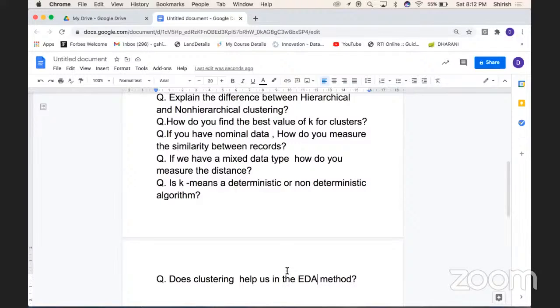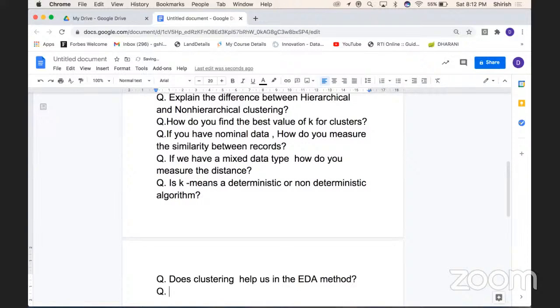Whenever you try to do clustering, how do you interpret the clustering output? You are doing clustering. How do you interpret that particular clustering output? After you compute and find out the optimal clusters, what is the next thing you do?